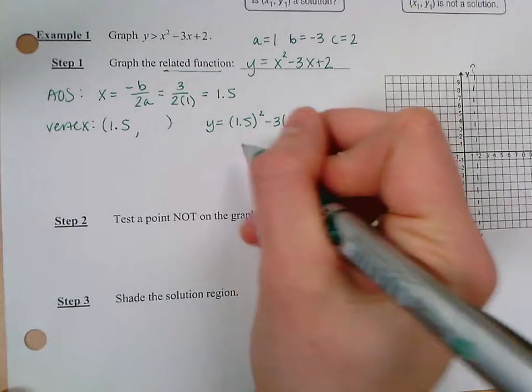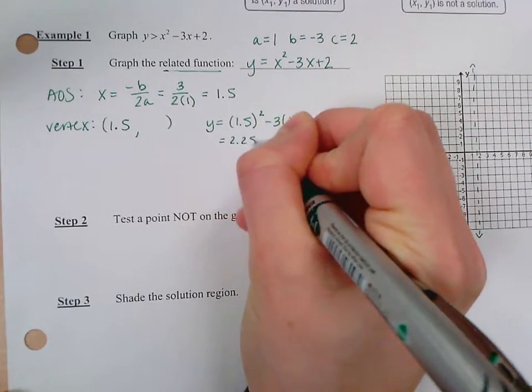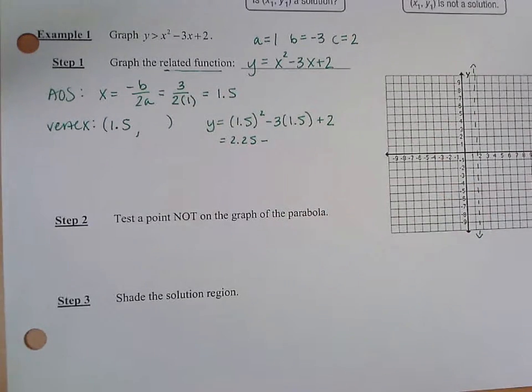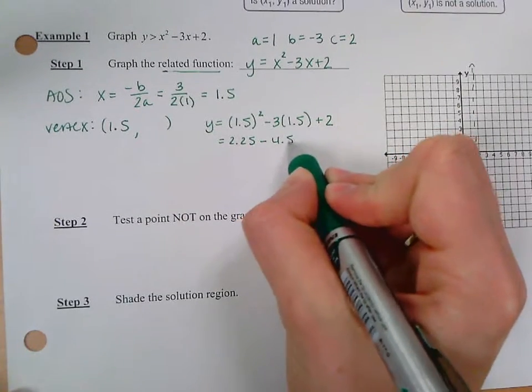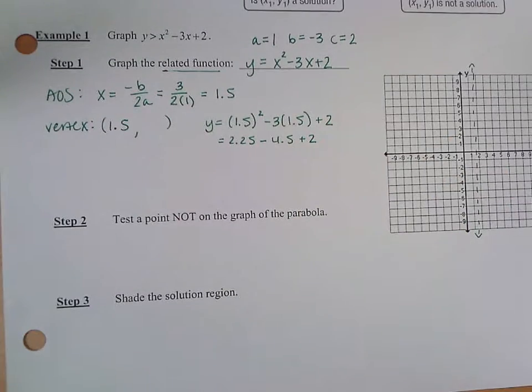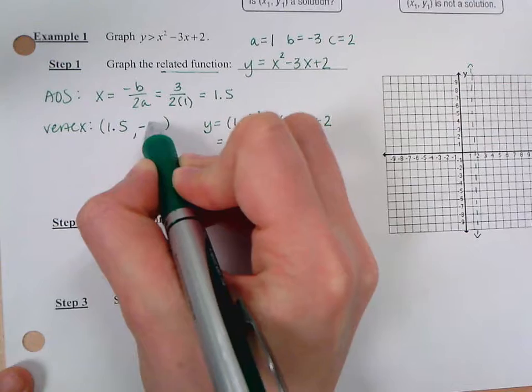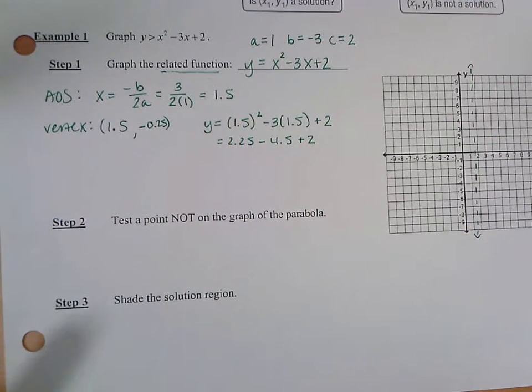Which 1.5 squared is 2.25, minus 3 times 1.5 is 4.5, plus 2. -1/4. So yeah, -1/4, or if you put -0.25, if you got the decimal, either one is fine. So I'd plot 1.5 and then go down about 1/4 to my vertex.